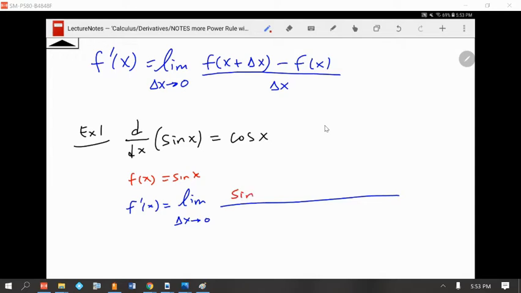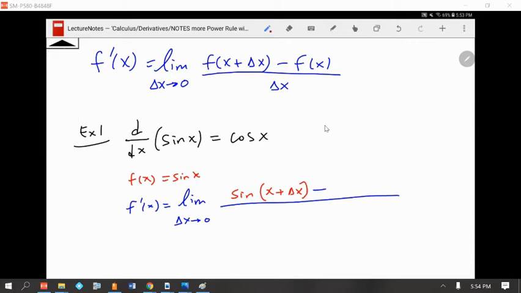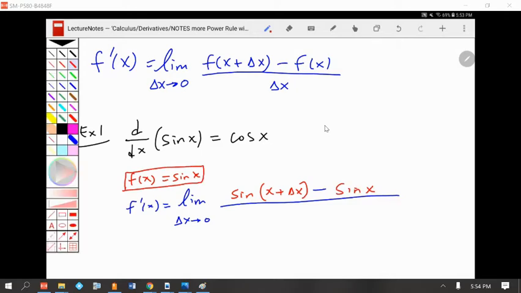Now, if my function is sine x, then it's sine of x plus delta x, right? Minus f of x. What is f of x if my function is f of x equals sine x? F of x is sine x, all over delta x.